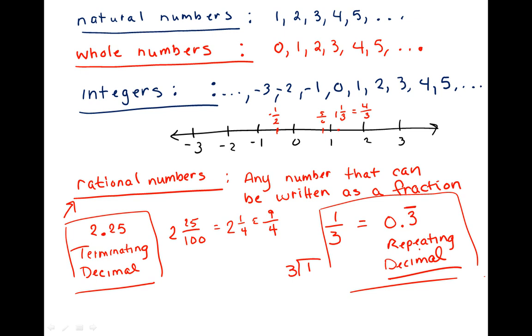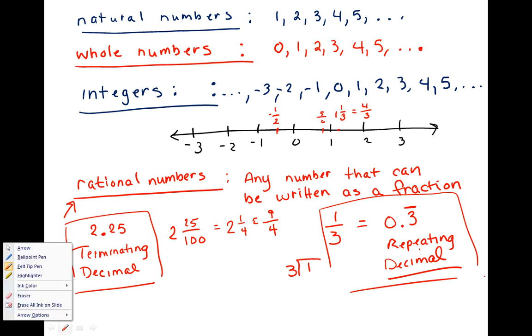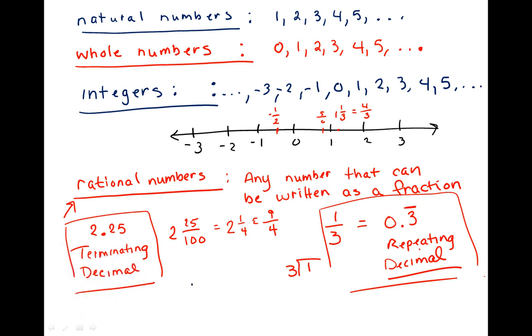Now, one thing I want to point out, think about the number 0. Because you're going to see this in your homework. If you have 0 divided by 6, that is equal to 0. 0 can be written as a fraction.